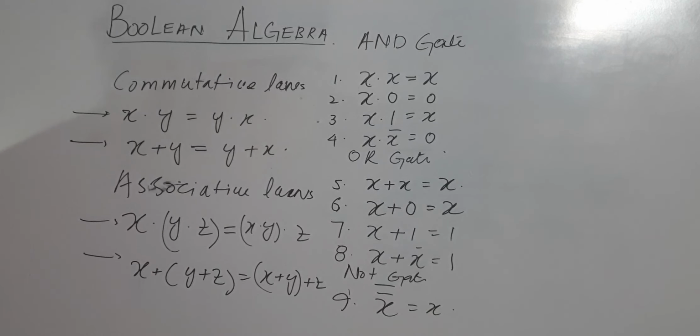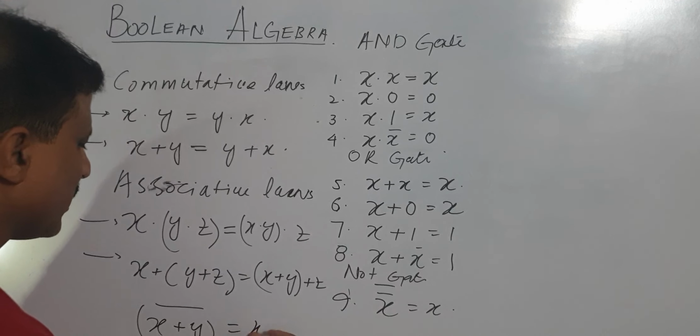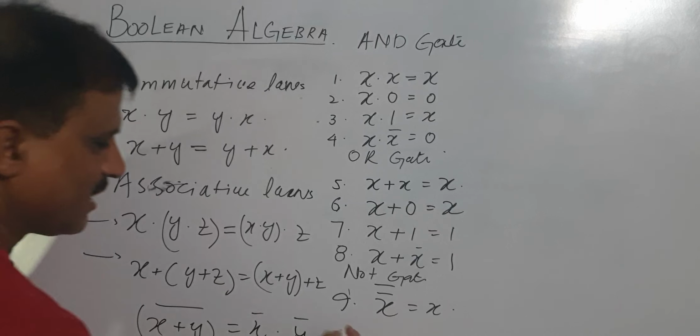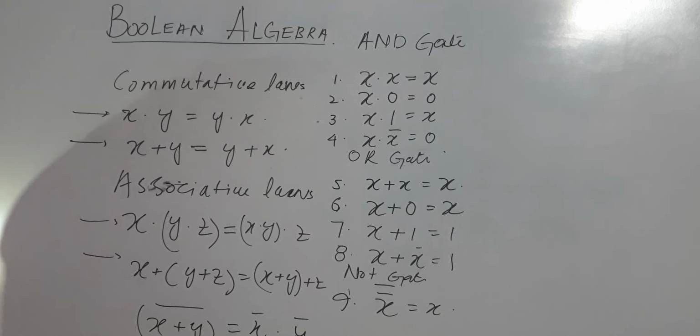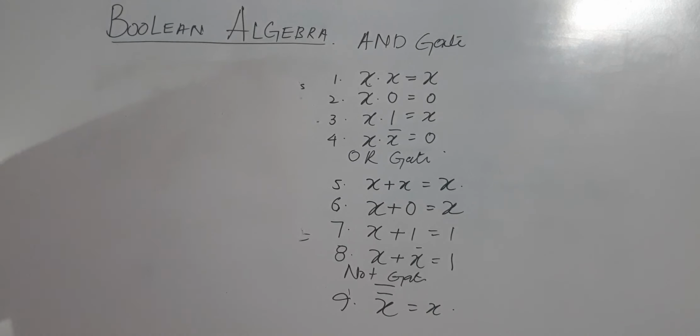These are also a few of the laws that logic circuits obey. And along with this, we have the De Morgan law as well: (x plus y) whole complement is equal to x complement dot y complement. Let me write it again here so that it becomes easy for you.